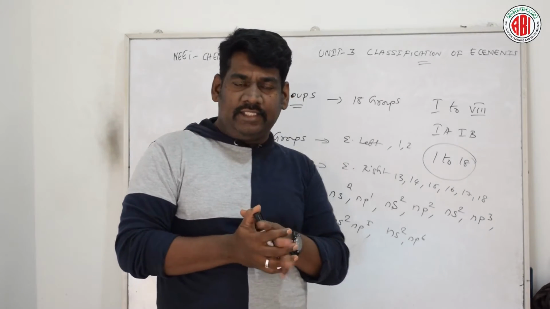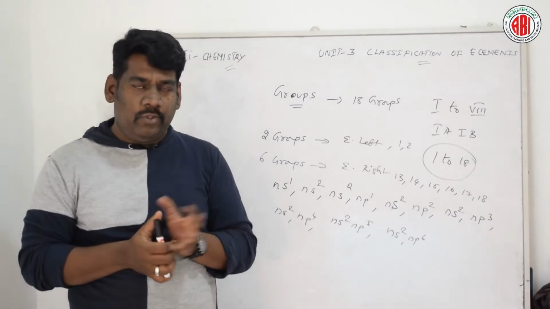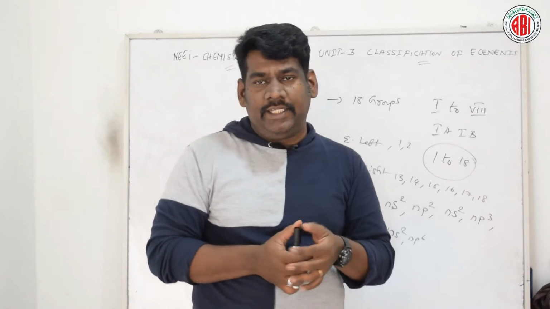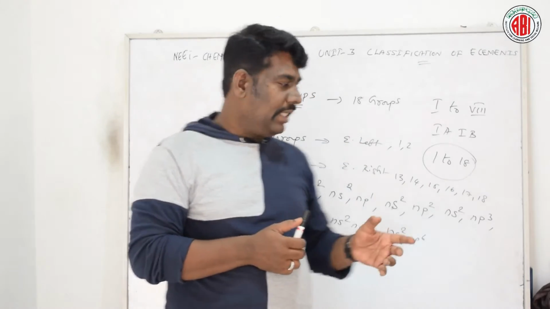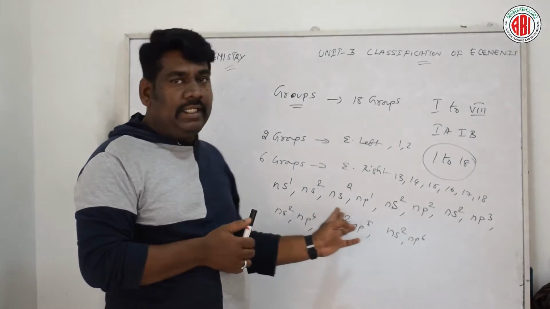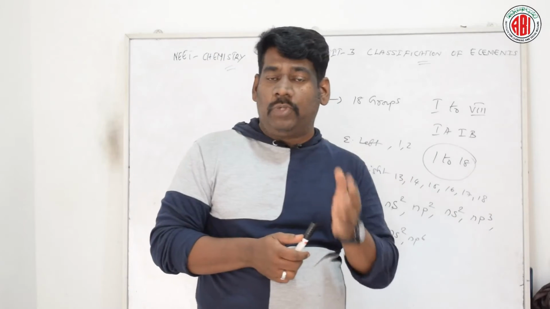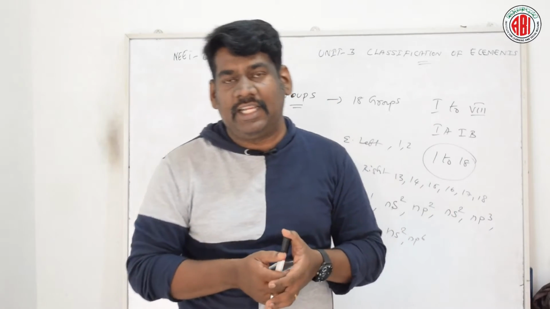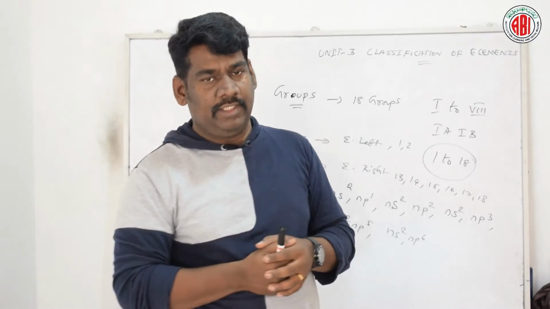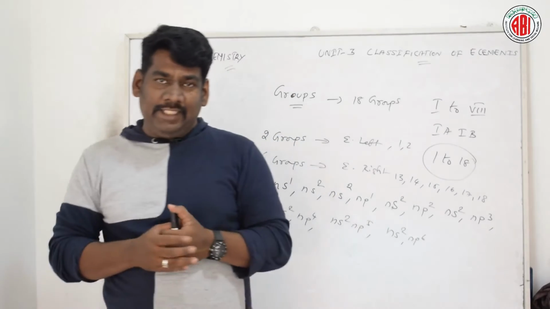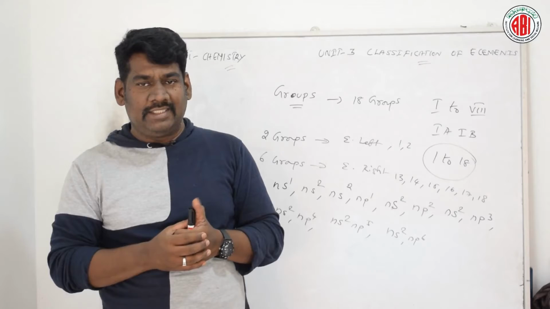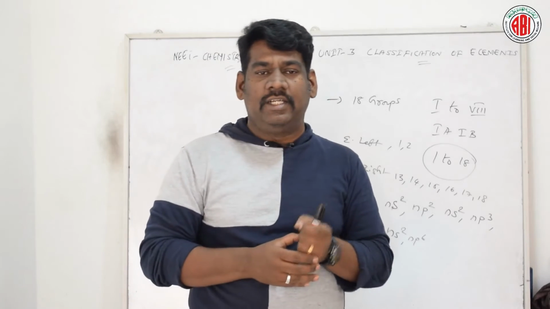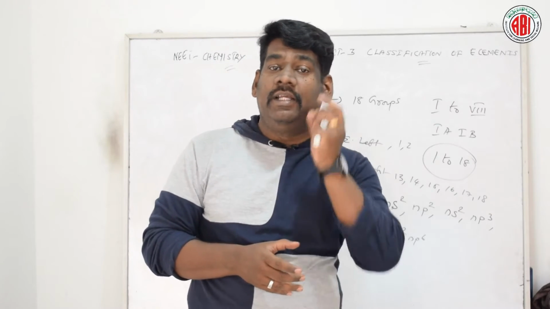Earlier these were denoted as 1A group, 2A group, 3A, 4A, and so on, so these are all considered the A groups, 1 to 8 respectively. The elements present in these groups are called the representative elements, also called normal elements.